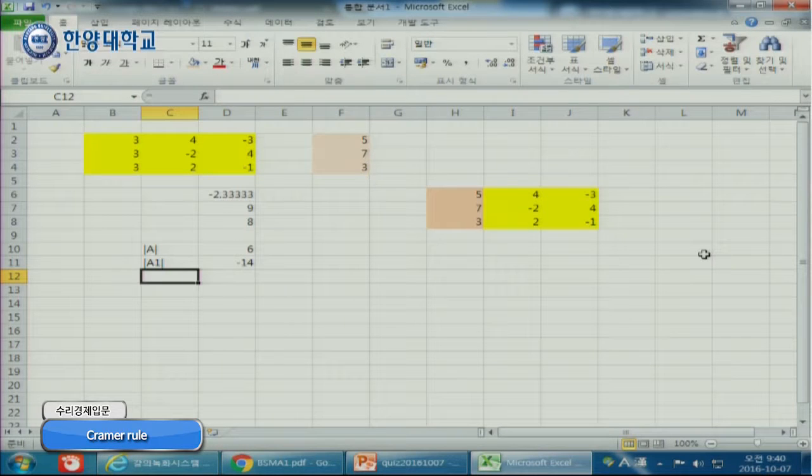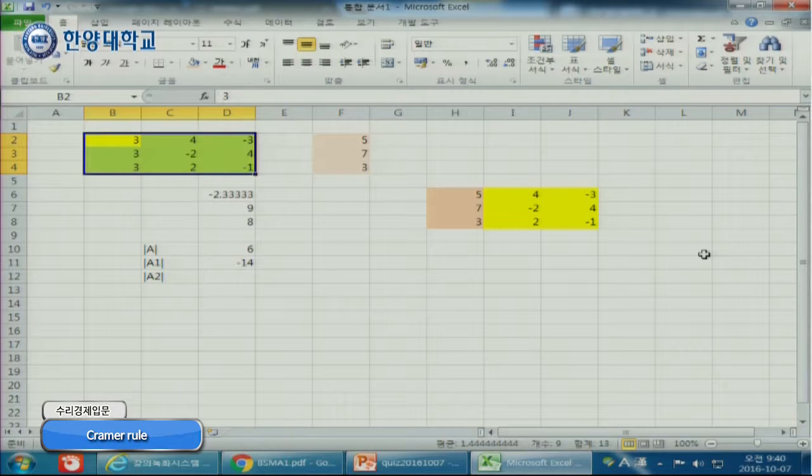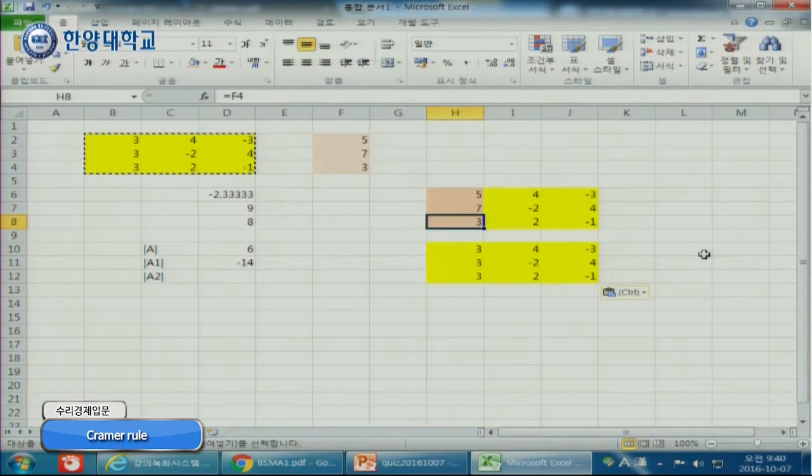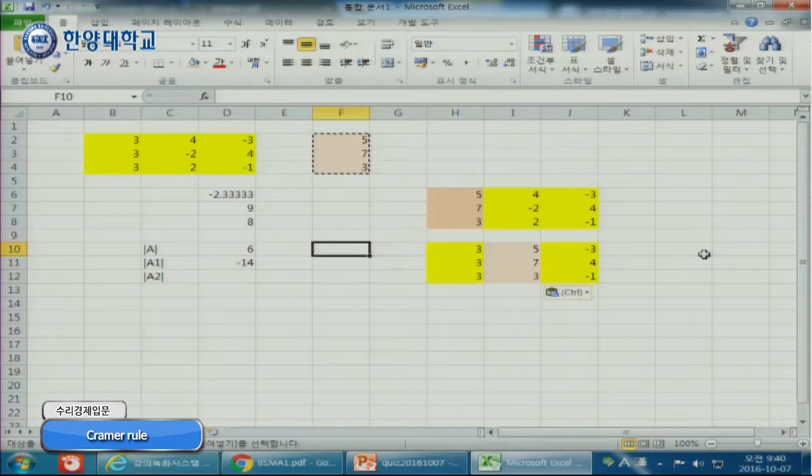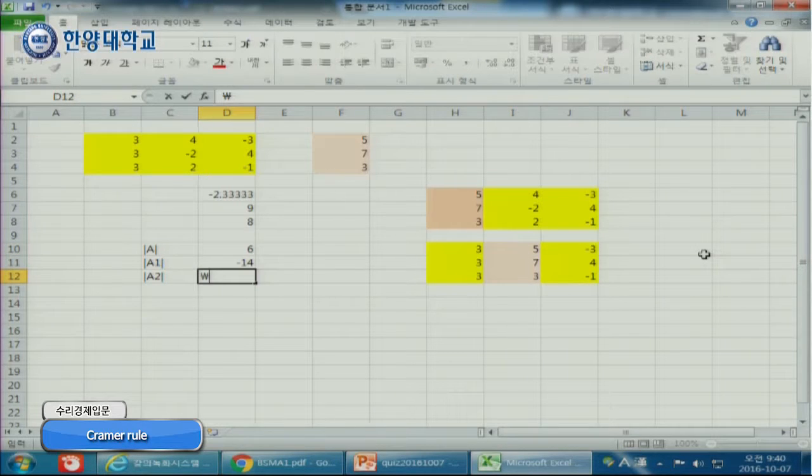Right? And then we similarly calculate the A2 matrix. The A2 matrix is again the same, now we can change the second column. So this is the A2 matrix. And then we calculate the determinant, MDETERM.